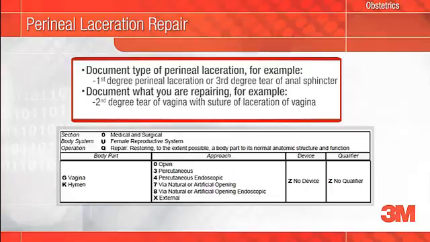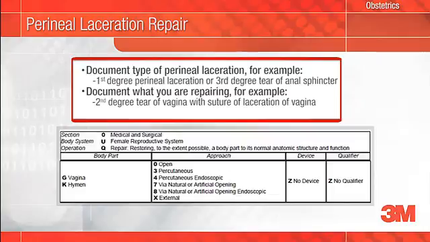For example, if you document repair of second-degree tear, the coding professional does not have enough information to assign an accurate code. An example of improved documentation would be second-degree tear of vagina with suture of laceration of vagina.